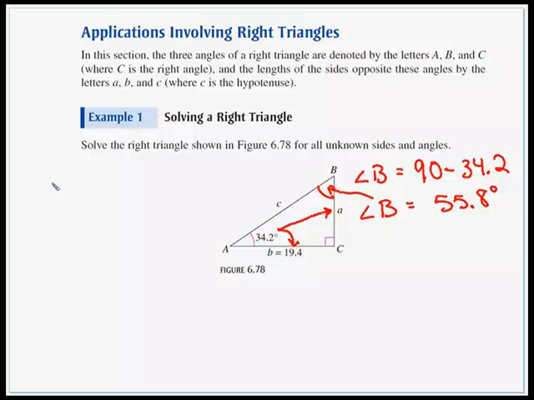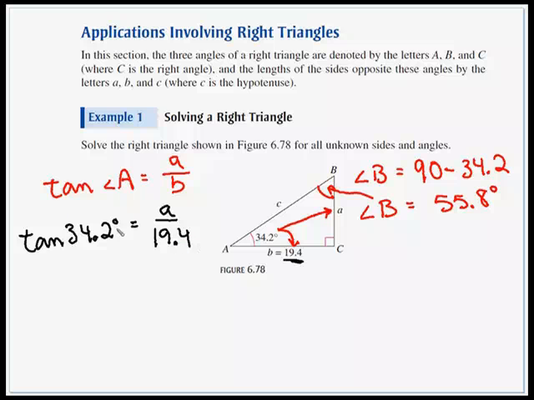Well, that's got to be tangent. The tangent of an angle is equal to the opposite side, in this case a, over the adjacent side, which is b. So let's fill in what we do know. We know that angle A is 34.2 degrees, and tangent of that is equal to a divided by b, and b we know is 19.4.